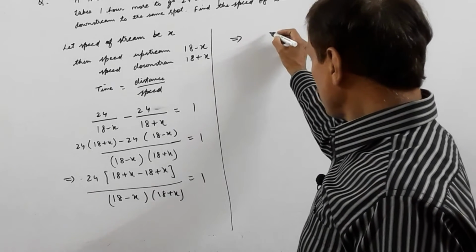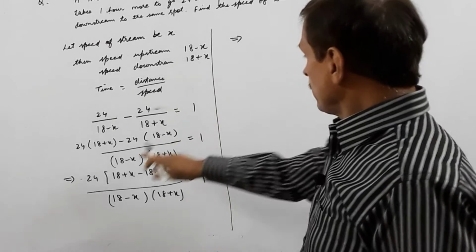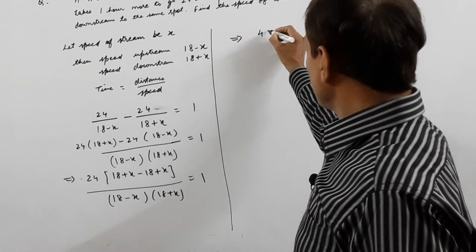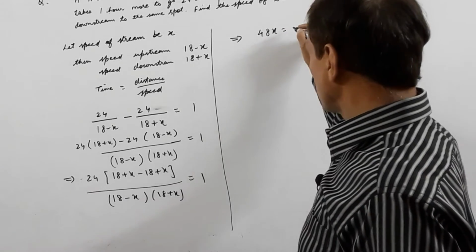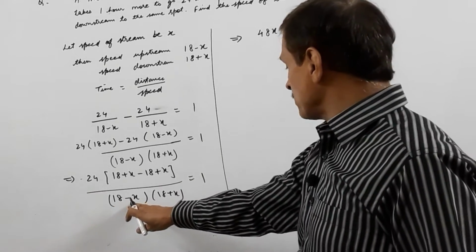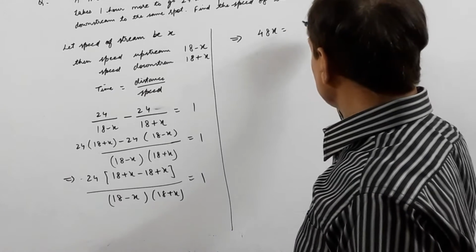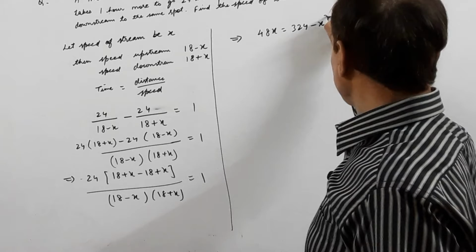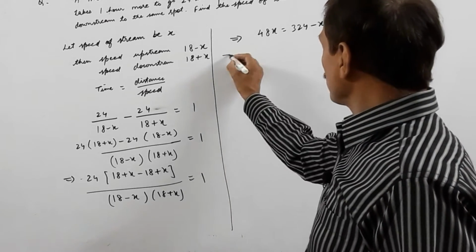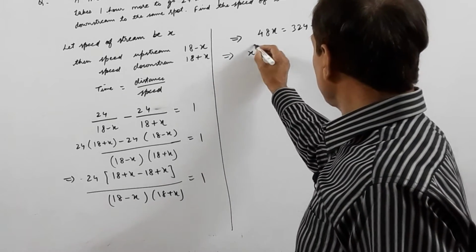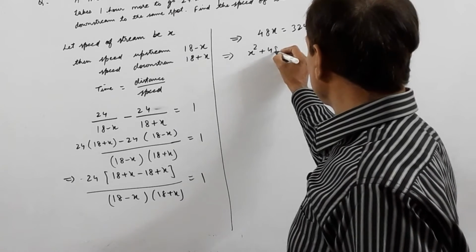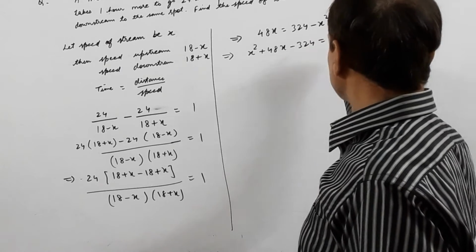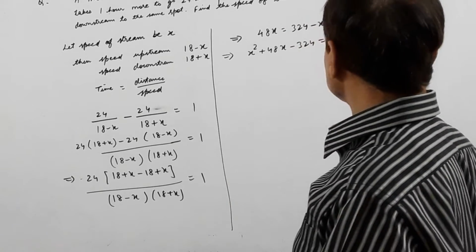It implies that 24 into twice of x, that is 48x, is equal to a minus b into a plus b, that is a square, 324 minus x square, which further implies that x square plus 48x minus 324 is equal to 0.